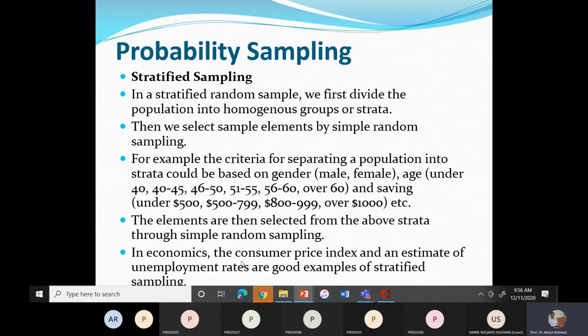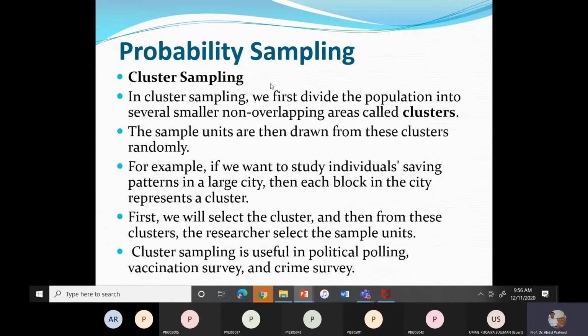Now in economics, the consumer price index and the estimates of unemployment rates are a good example of stratified sampling. Then we have cluster sampling. In cluster sampling, we first divide the population into several smaller non-overlapping areas, which are called clusters.